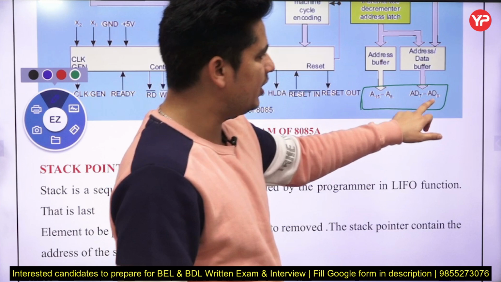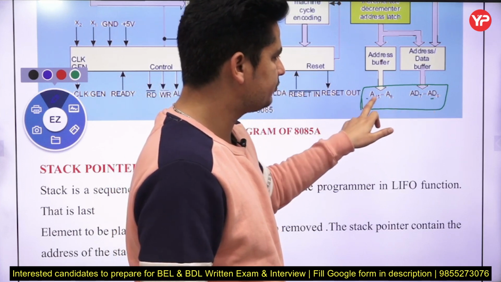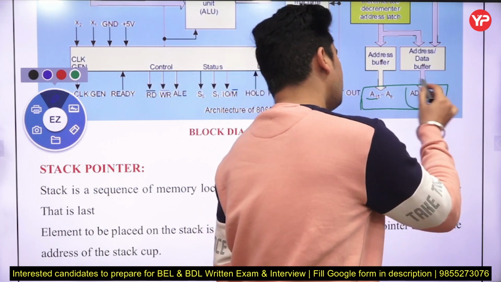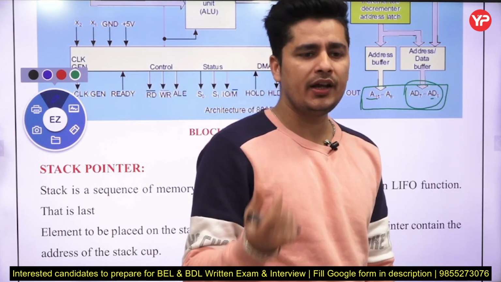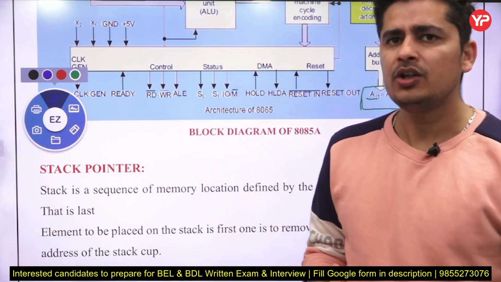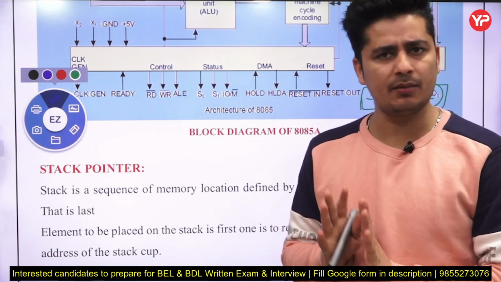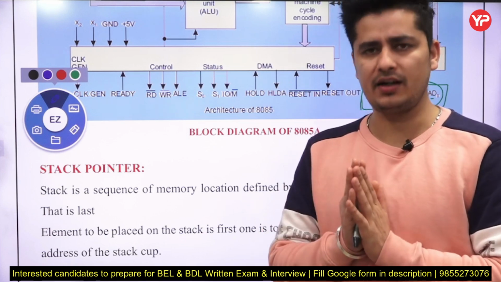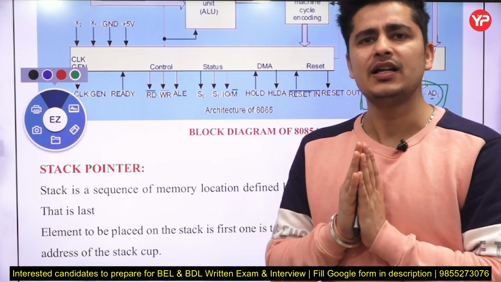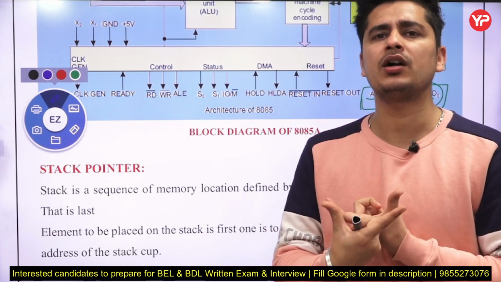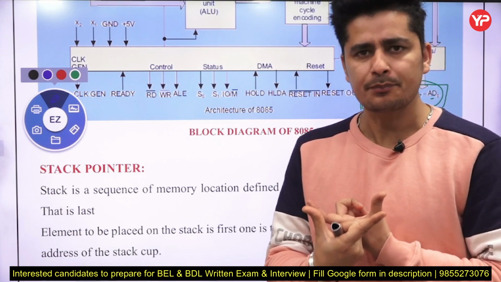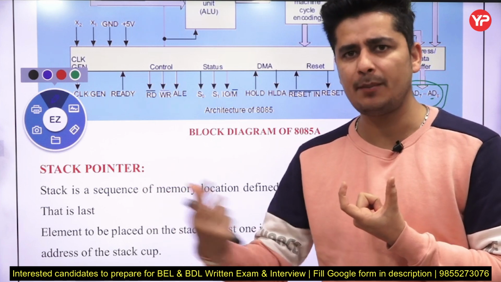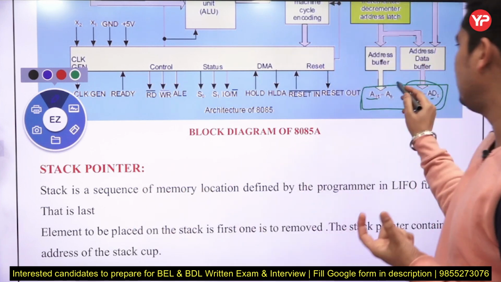So address bus contains the address from A0 to A15, and inside this address bus the lower 8 bits will work like a data bus also, right? So address bus and data bus are combined in 8085. Whenever you are sending the address, then all 16 bits work like an address bus. Whenever we are sending the data, what happens? The upper address bus goes away.